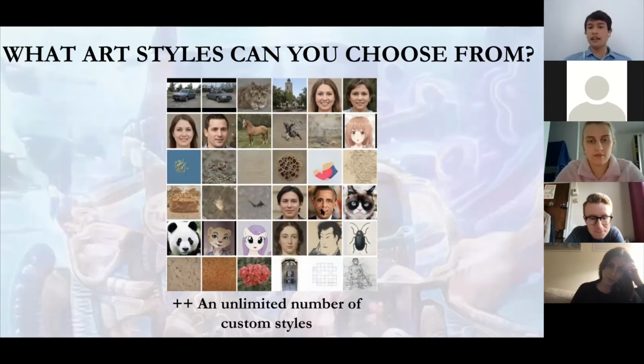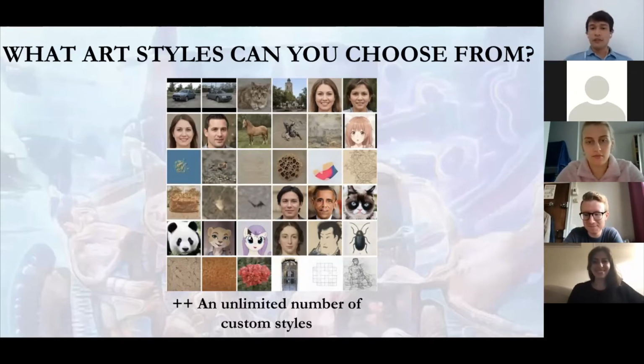There's one style that's literally just based on Obama, a neural network that generates images of Obama and nothing else. It's wild. There's one for My Little Pony. There's one for pandas, grumpy cats, beetles, floor plans, even if you guys are into architecture, etc.